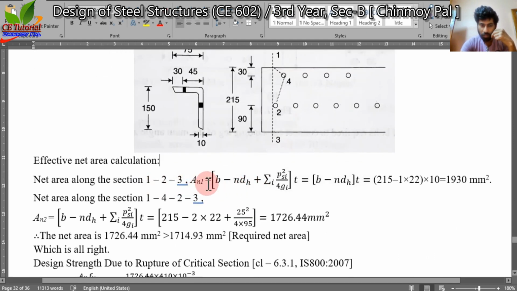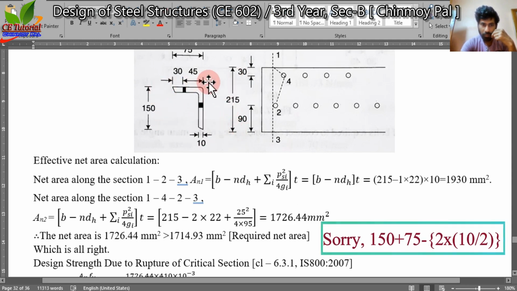Along 1, 2, 3, this is 1930 millimeter square. B is the width and it is 215, and we have to consider this angle section as a plate like element, and the width of this section will be 150 plus 75 minus 10 by 2.